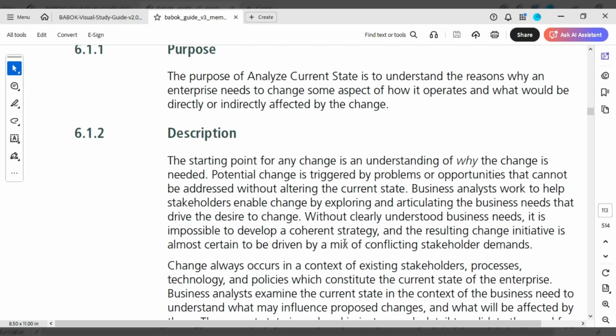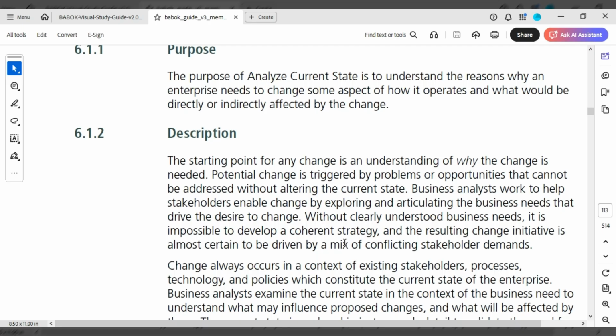Yes, for you as a business analyst, you need to understand why this change is needed. Potential change is triggered by problems or opportunities that cannot be addressed without altering the current state. Yes, like, oh, we are losing our documents, we don't even know where this record is, but now they need a repository whereby everything can be gathered online, even maybe saved on a drive or on the cloud.